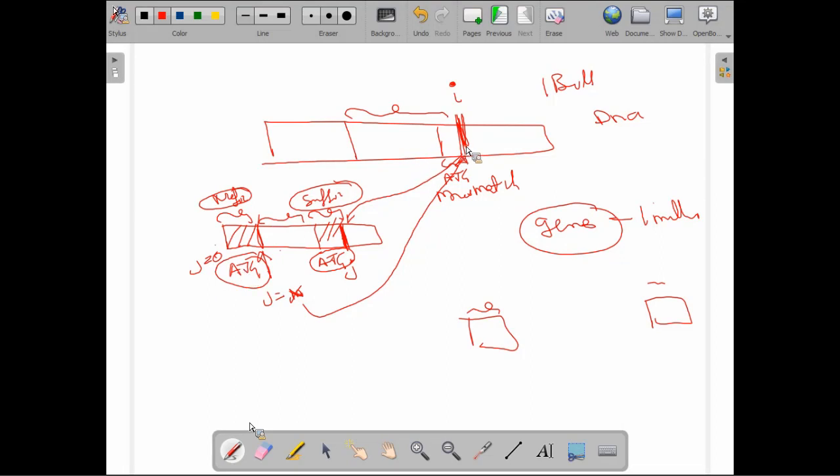I can start the matching from here with this I rather than going back to the beginning and trying the match again. That is the optimization which Knuth, Morris, Pratt offers us. But to appreciate that, you have to see what is happening and do it.